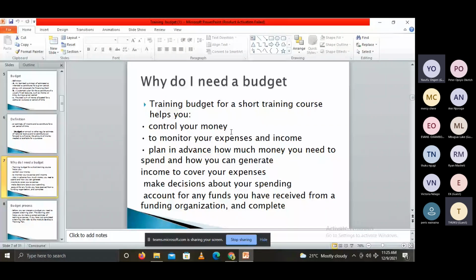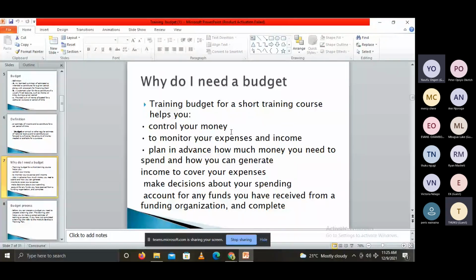You have a plan of how you are going to utilize the money. You have been able to analyze your expenditure. You have analyzed your cost areas. And therefore, when it comes to use, you use on the basis of what you have already planned for.